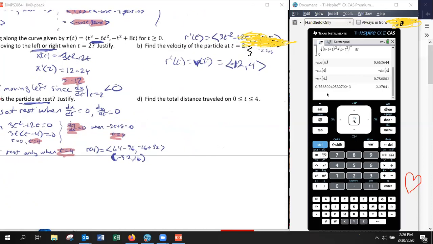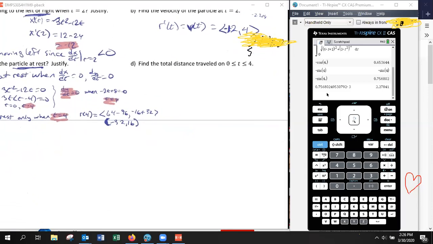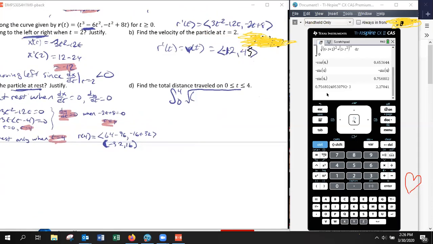And very last thing, what is our total distance traveled on the interval from 0 to 4? That would be the integral from 0 to 4. Just remember, this is the square root of x prime squared plus y prime squared. x prime I'm not given, so I found it: the integral of the square root of (3t squared minus 12t) squared plus (negative 2t plus 8) squared dt.